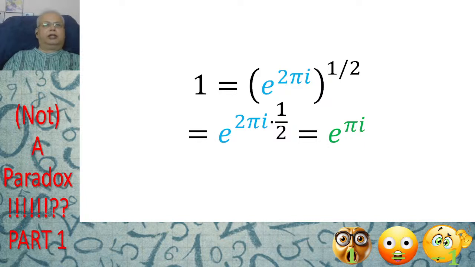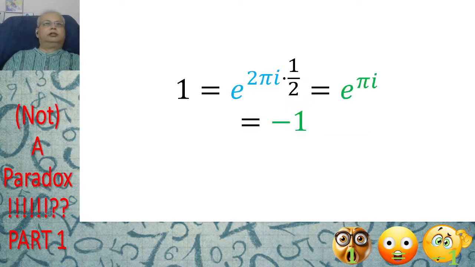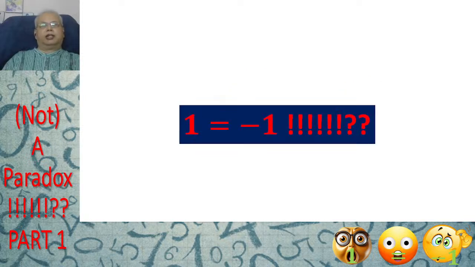So 1 is equal to e to the power pi i. But from Euler's identity, we already know that e to the power pi i is equal to minus 1. So 1 is equal to e to the power pi i is equal to minus 1. So from this, we arrive at the result 1 is equal to minus 1.